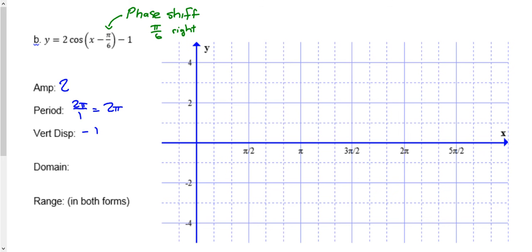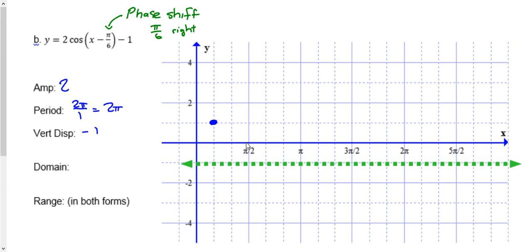Let's draw in our vertical displacement line first. Vertical displacement was at −1. There we go, line drawn in. From −1, our very first coordinate was at π/6. π/6 is going to be 2 away from there, so that's going to be my very first coordinate dot. Everything's going to be shifted over.